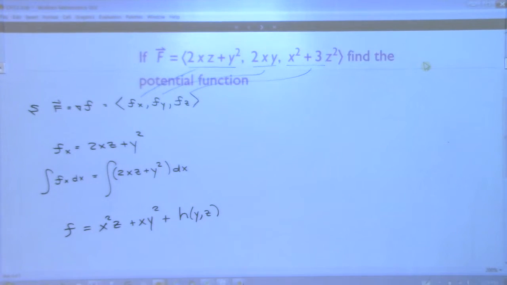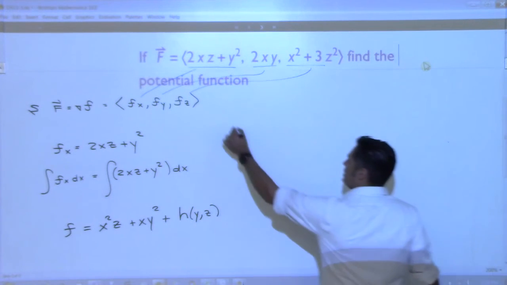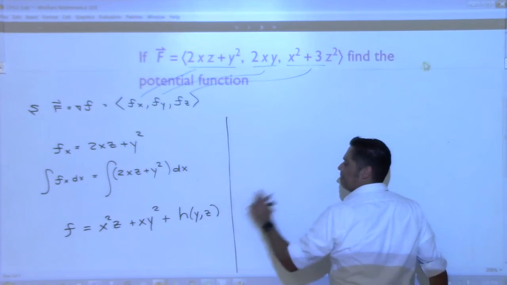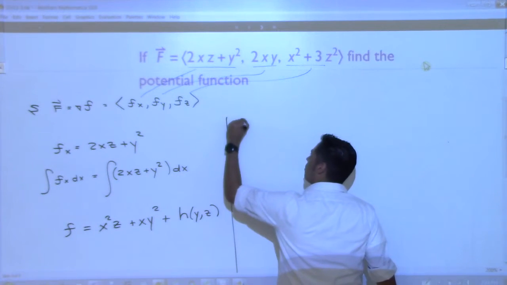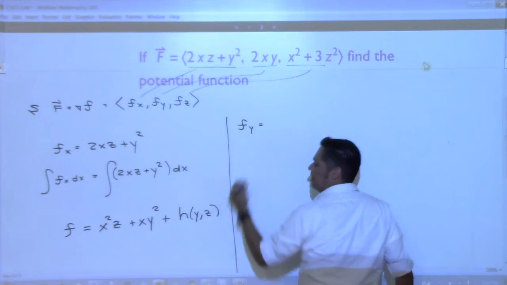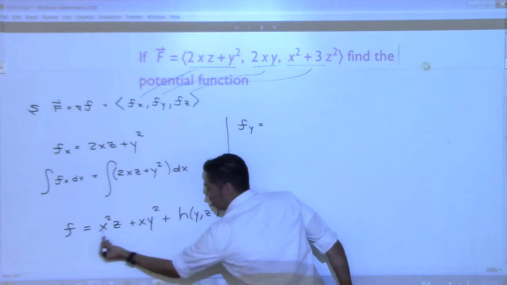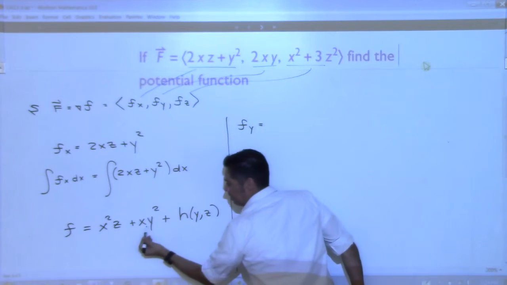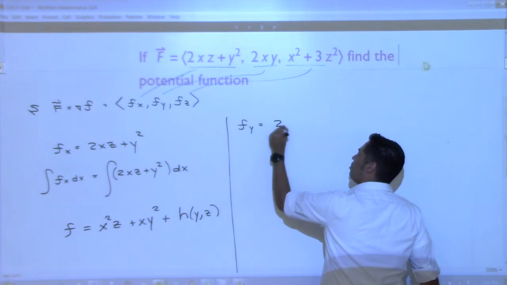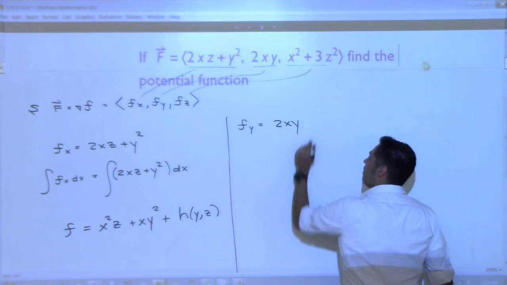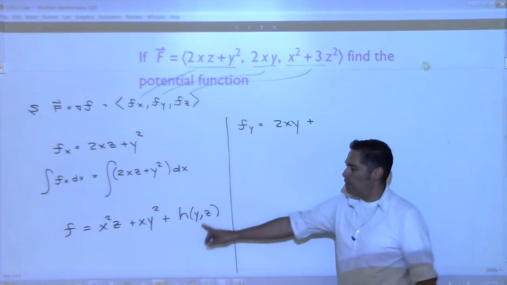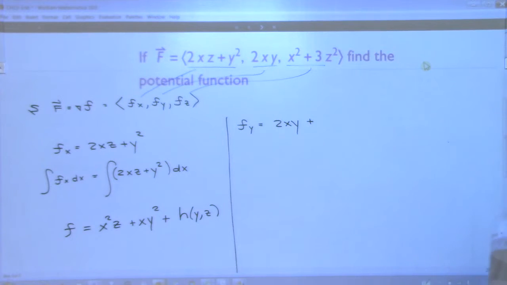All right. Now, let's play the game again. Let's take the derivative of that with respect to what this time? Y. So the partial of that with respect to y would be, let's see here, 0, right? Here, 2xy, and then plus, what's the partial of this with respect to y?